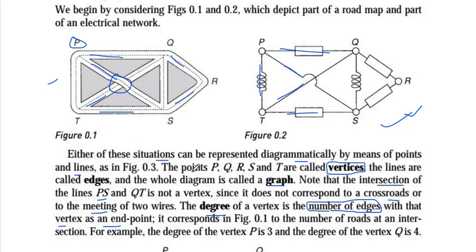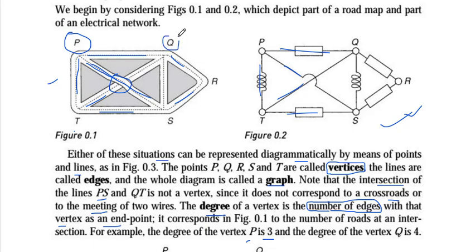Let me start with the first figure, the road network. Here P is connected with how many edges? This is one edge, this is one, and this is one: three edges. So the degree of vertex P is 3.